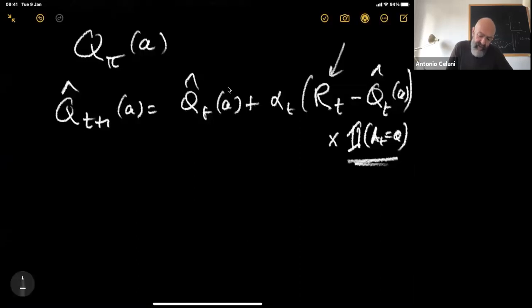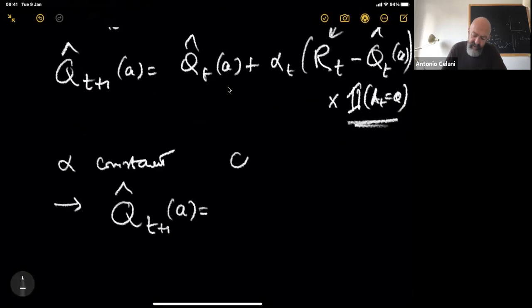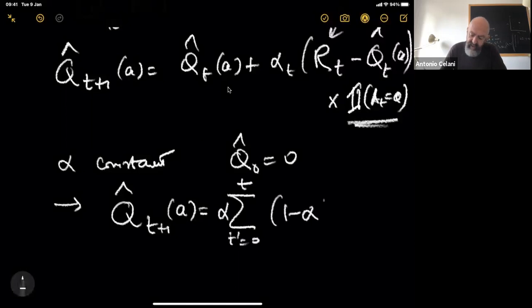When you use, for instance, your alpha constant, this will tell you that after t steps, if I'm not mistaken with the notation, or perhaps after t+1 steps, your estimate will be, supposing that you start with your initial guess at 0, a sum over all t prime from 0 to t, with your alpha here and your 1 minus alpha here.